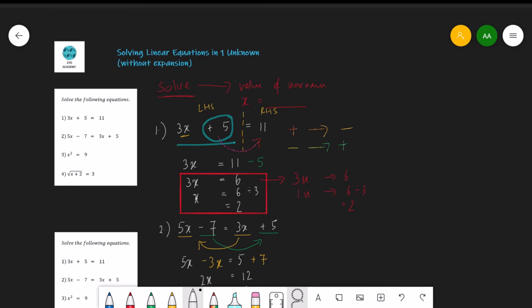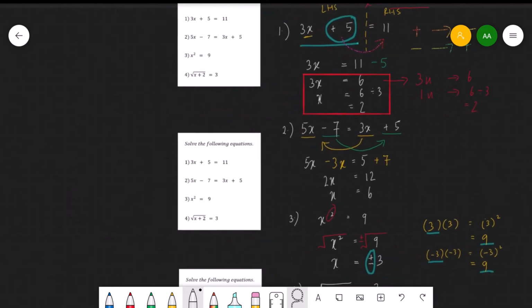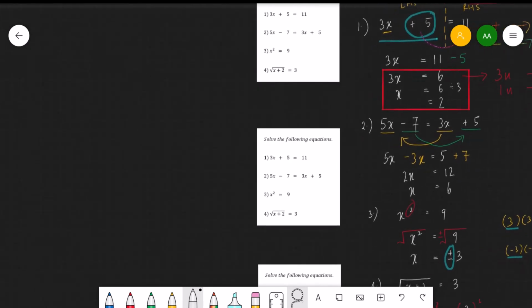In case we need more explanation, let's do example number 2. I'm going to show you something. Let's look at equation number 2: 5x minus 7 equals 3x plus 5. In the previous example, all the unknowns are on the left hand side, numbers on the right hand side.